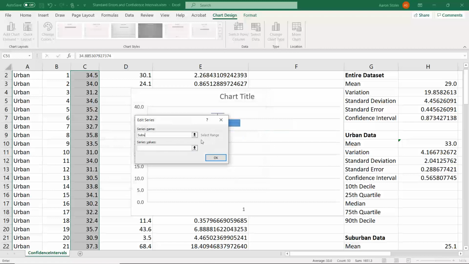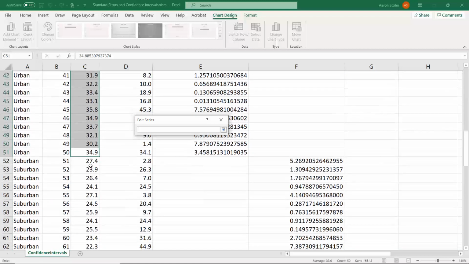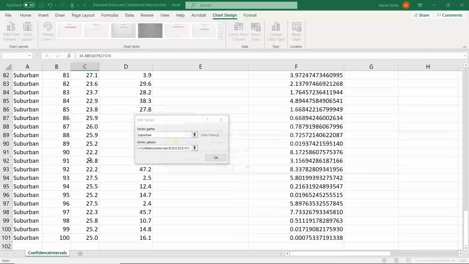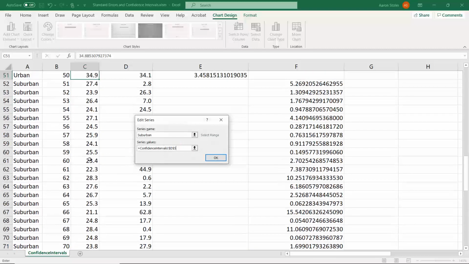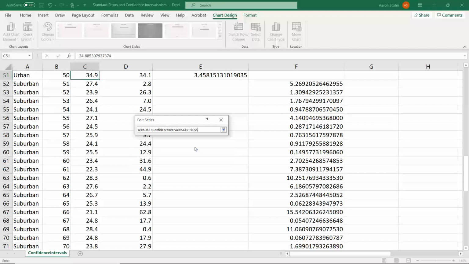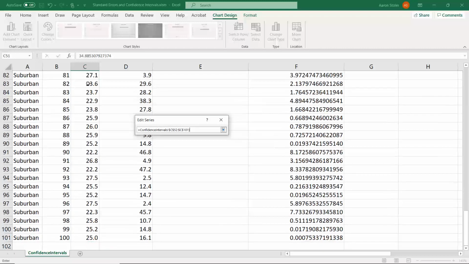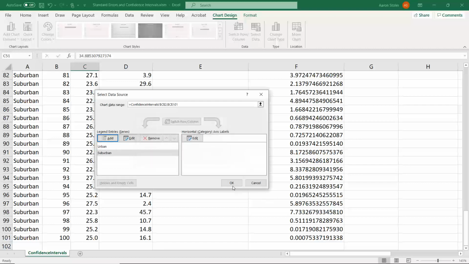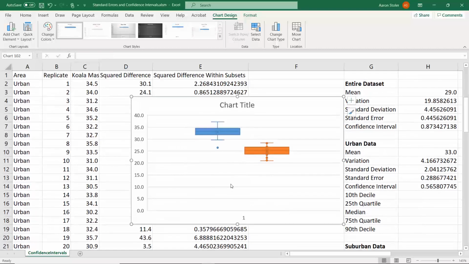We'll call this Suburban, and our series values will only be the suburban data points. My mistake, I added a parentheses where I shouldn't. Click OK, and there you have a box and whisker plot for our koala mass for urban and suburban.